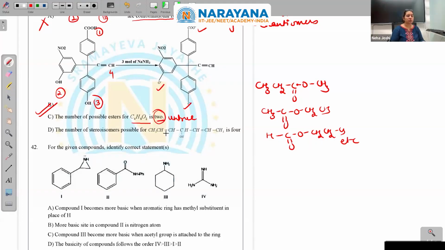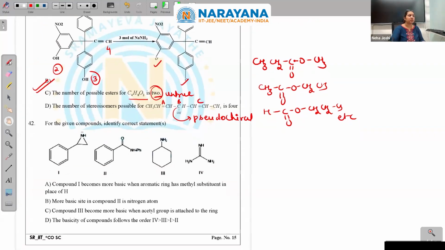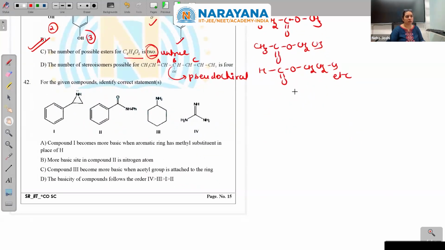The number of stereoisomers possible for this compound is 4. That is true because this is pseudo-chiral, whose chirality depends on the configuration of these two. Let me call this double bond A, this chiral center B, and this double bond C. If A is cis and C is cis, then B is not chiral.